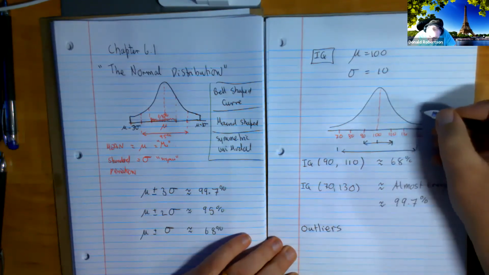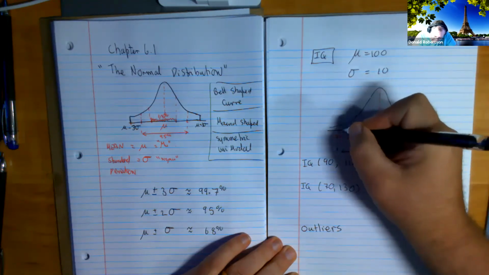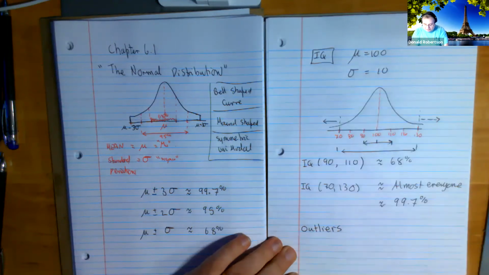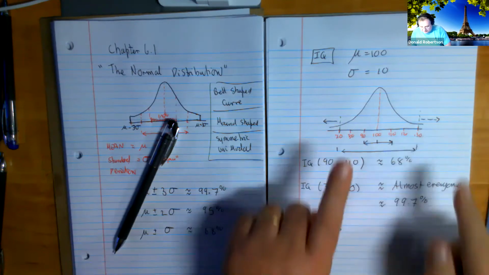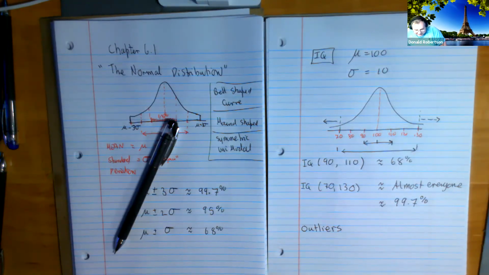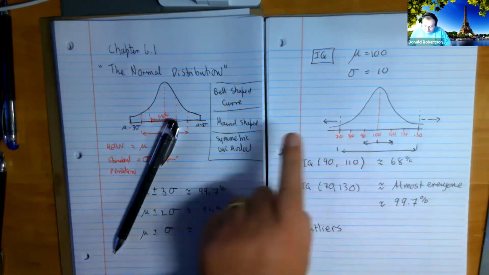Anybody who is at the extreme ends of this distribution will be an outlier. And that means anybody who's 3 standard deviations or more away.